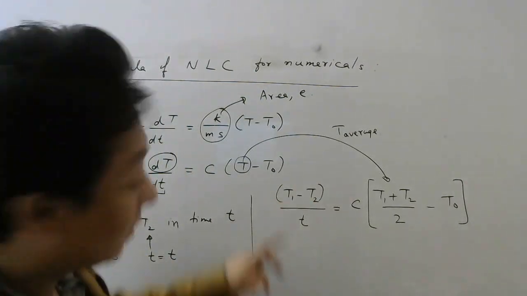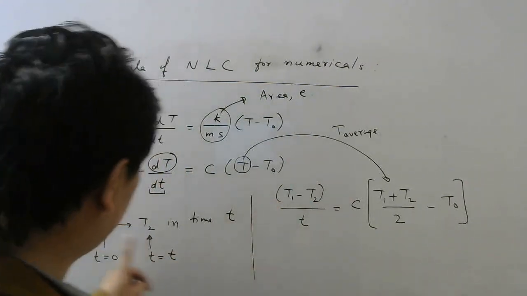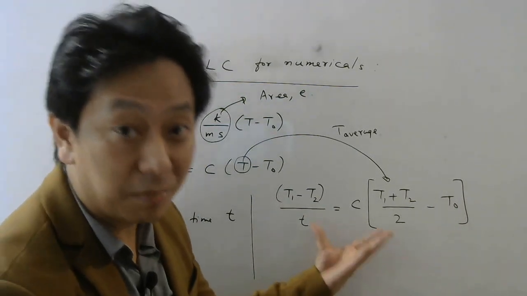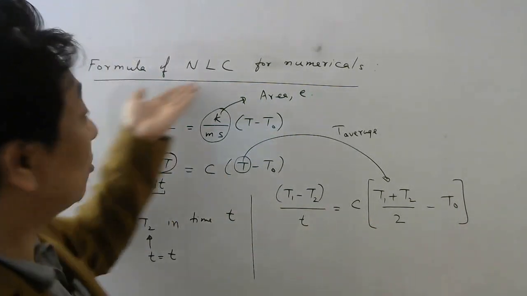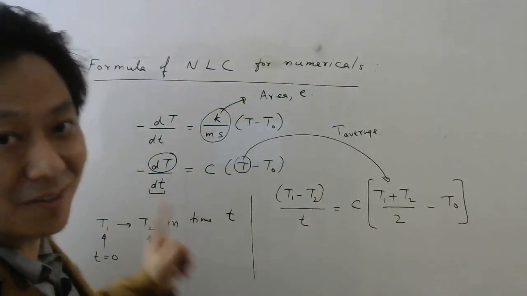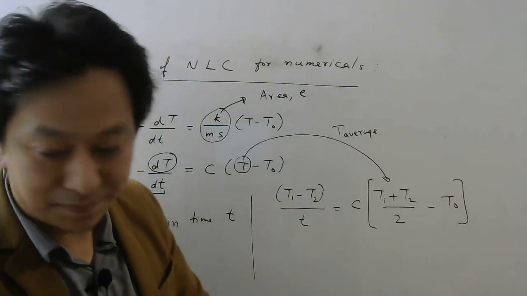So T1 will be the bigger temperature, T2 will be the smaller temperature. You need to remember this formula in order to apply Newton's law of cooling to problems like this. Okay, we will see one example.